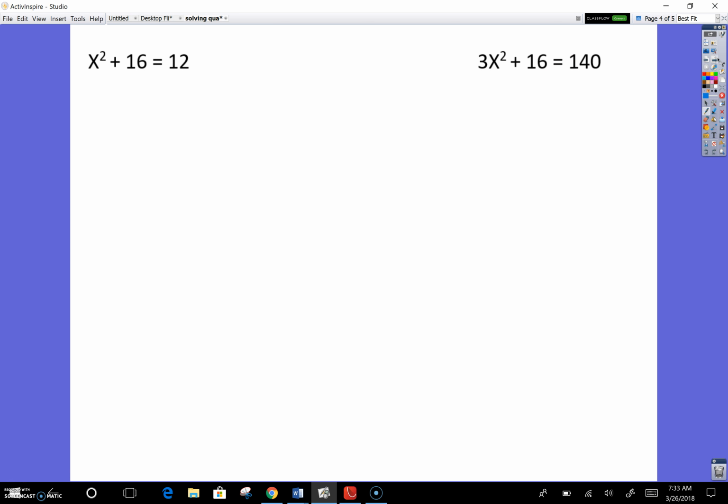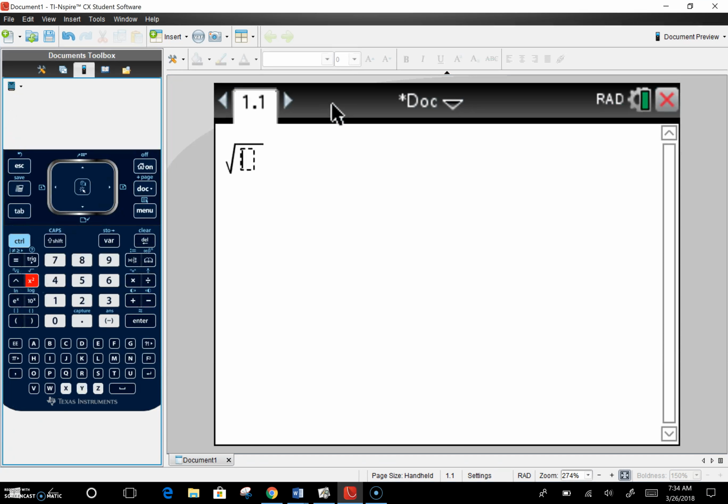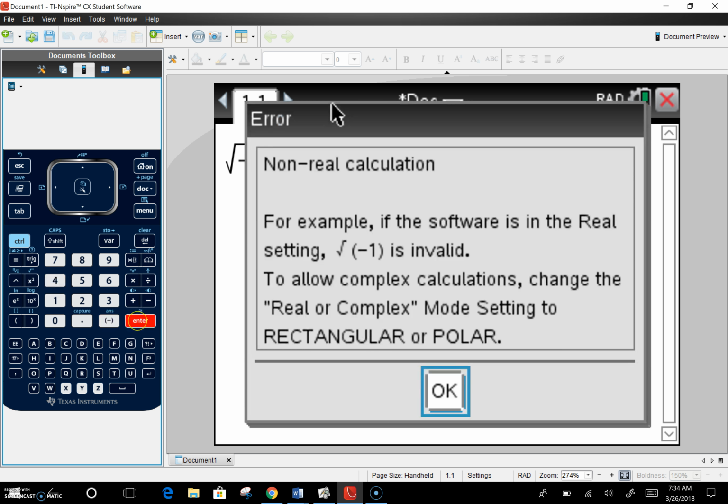All right, next problem. X squared plus 16, minus 16, minus 16. Cancel. X squared is equal to negative 4. You take the square root. A lot of you want to say the square root of negative 4 is negative 2, but watch what happens. I'm going to take the square root of negative 4. Enter. You see it says no real calculation.